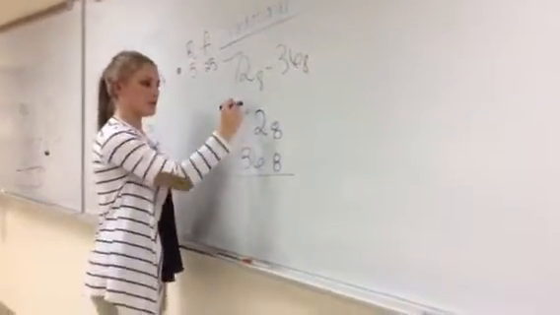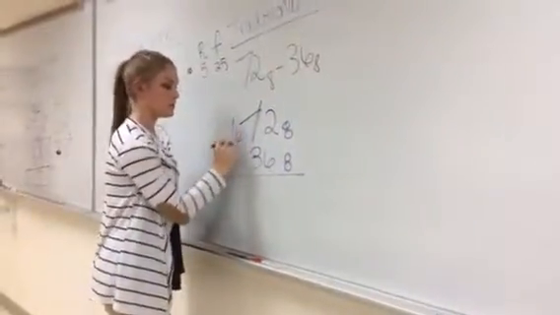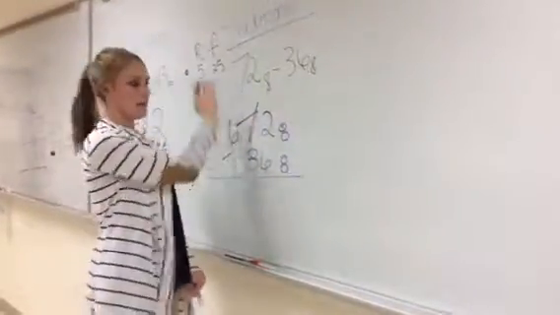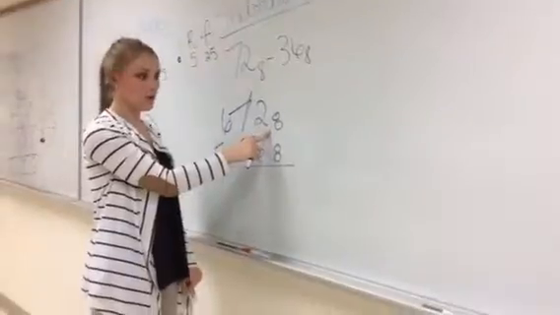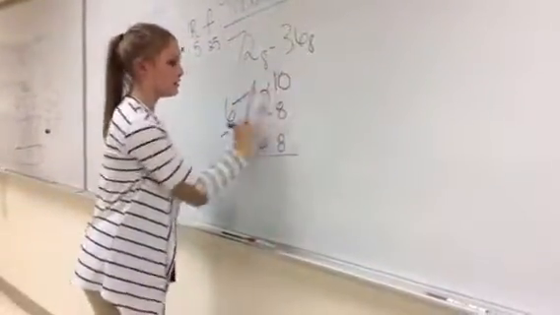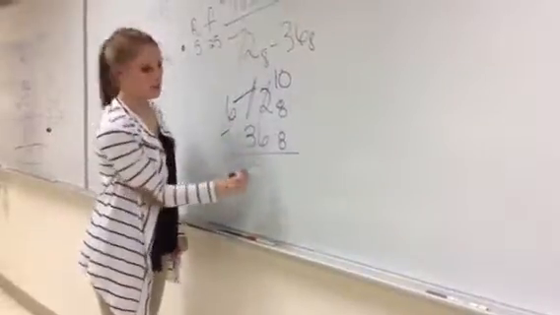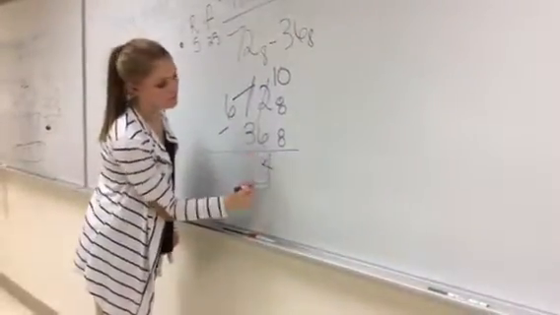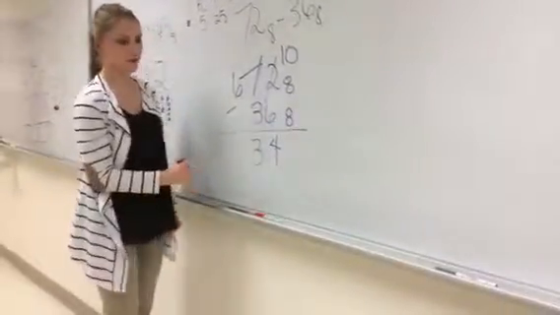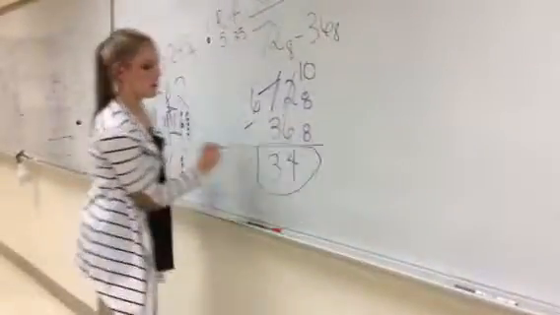So we're going to take away from 7, turning into 6, and because we borrowed 1 whole rod, that means that we're going to have to add it over here, which will be 8. 8 plus 2 will now make this 10. 10 minus 6 equals 4. And then coming over here, 6 minus 3 is 3, making it 34.